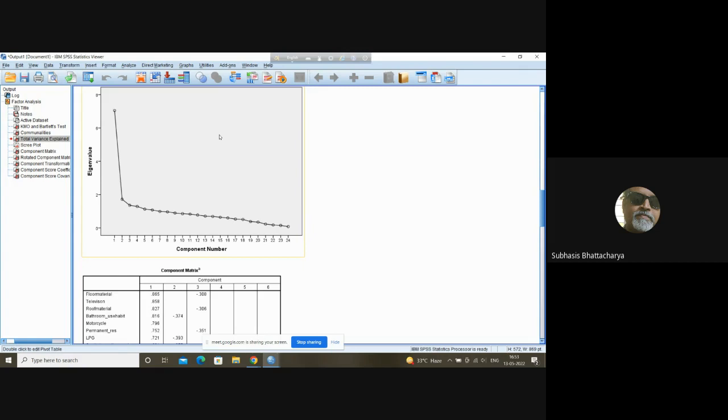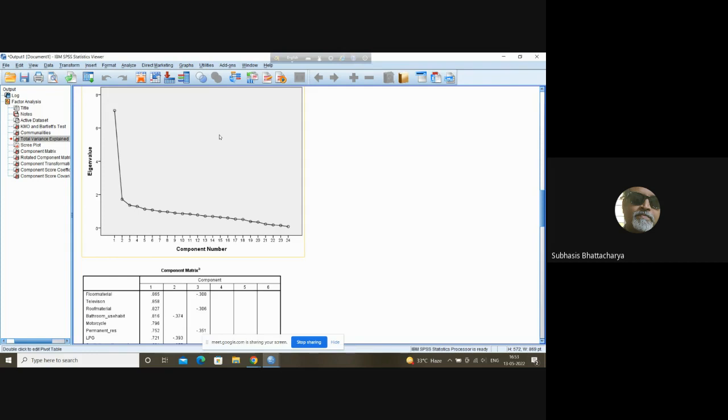That means at least the first factor explains the data set heavily. The first component explains the data heavily, the second and third factors are quite close, and after that it becomes a slightly downward swing.